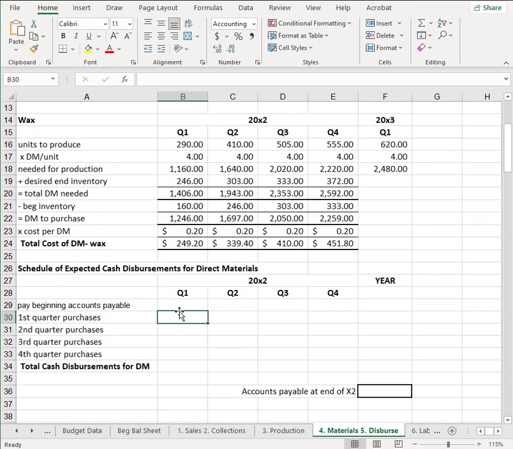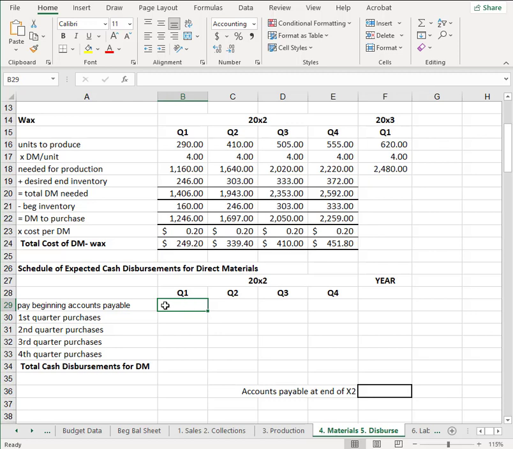All right, let's have a look here. So the first thing is we're going to pay for the remaining 70% from the fourth quarter of the prior year. 30% would be paid in that quarter and 70% would be flopping over to the next quarter, which is quarter one.